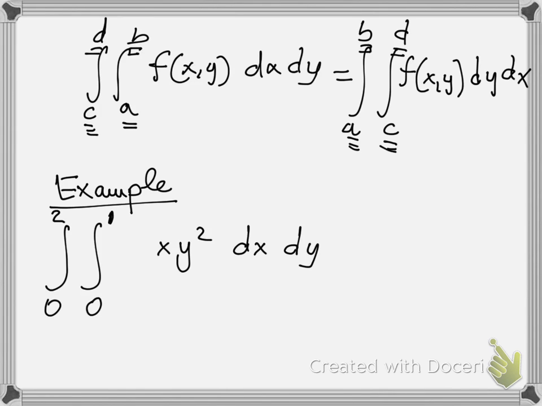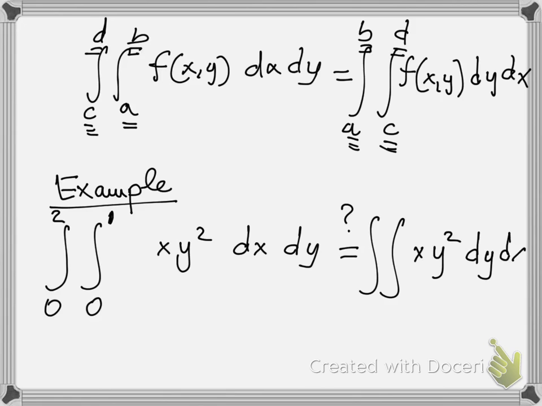And I'm going to compare this to the same integral, but I'm going to interchange the order of integration. So I'm going to start with the integration with respect to y first. So y would be between 0 and 2, and x between 0 and 1.